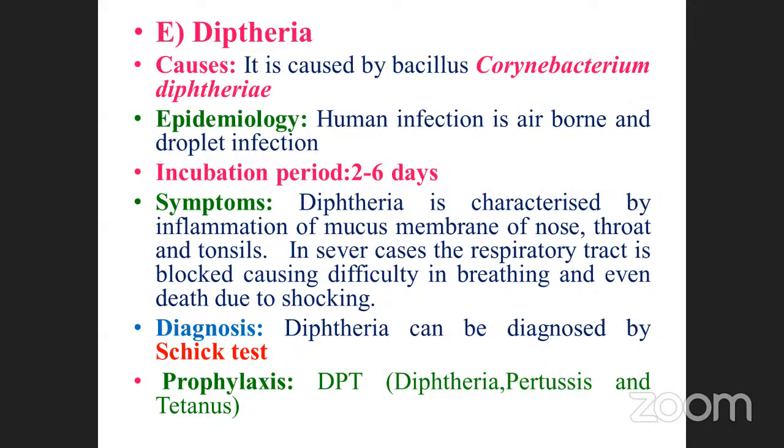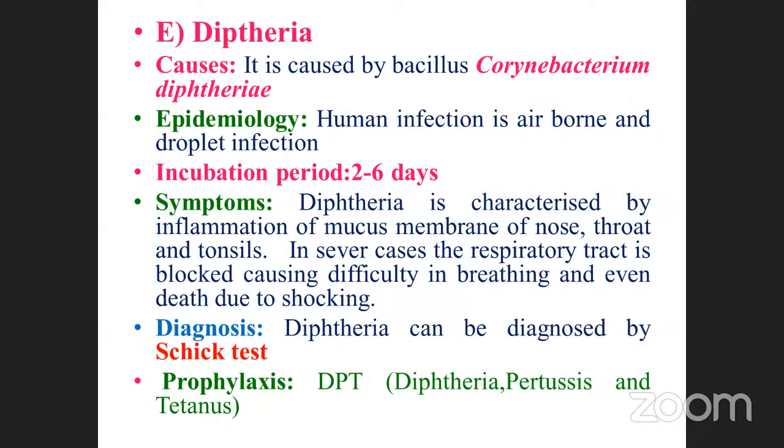What is the main use of the mucous membrane? It traps microorganisms and prevents their entry. As a result, sneezing comes out, and at the time of sneezing the microorganisms also come out. It directly enters the ENT: nose, throat, and tonsils. These are very important things.